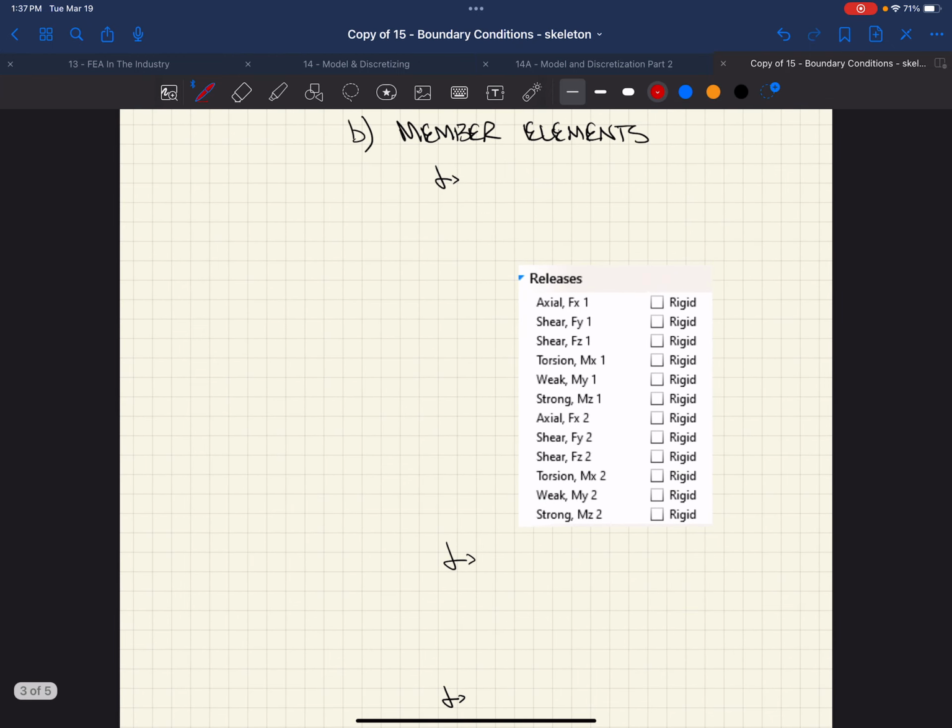Member elements. So similar to nodes, we can restrain degrees of freedom for members, right?